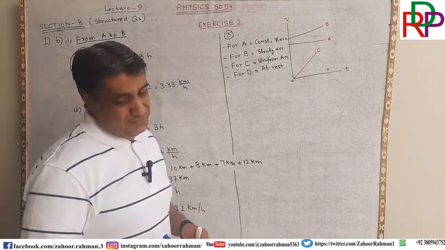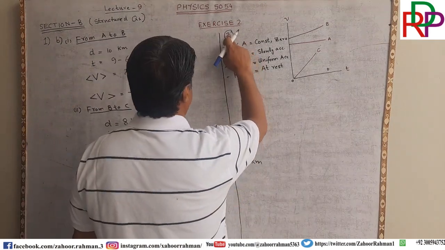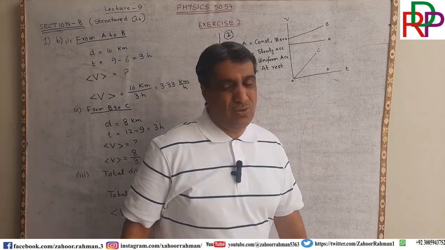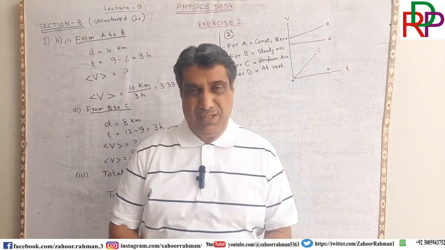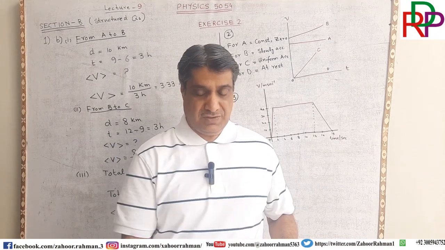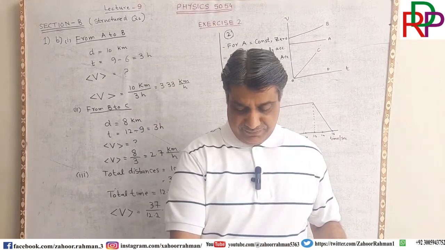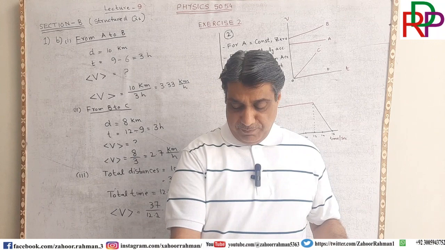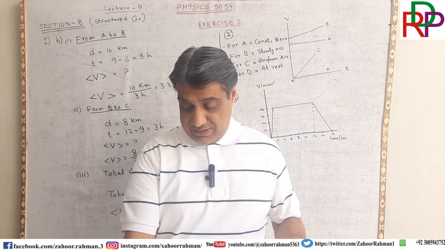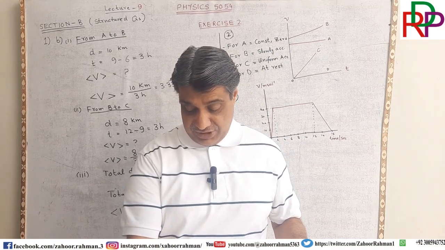Ladies and gentlemen, this was question number 2, not 3. We are going to do question number 4. Okay, let us first understand the question. A locomotive pulling a train out from one station travels along a straight horizontal track towards another station.